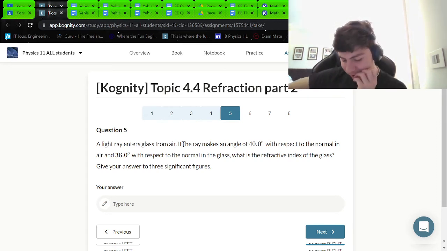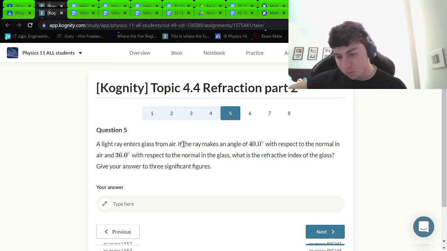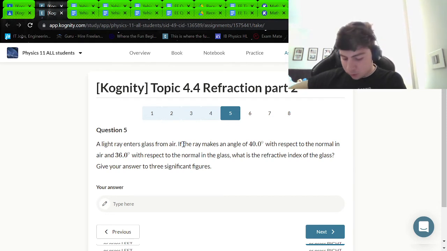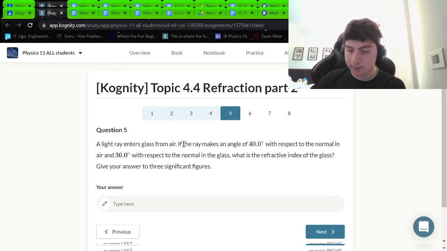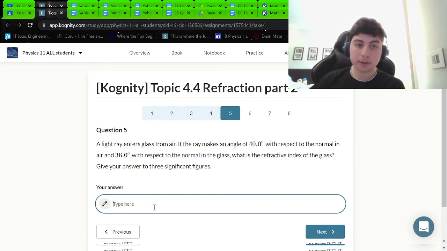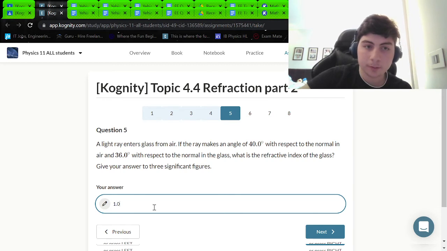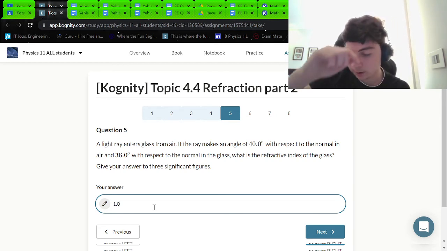Oh, I'm not sure, because it's 1 over N2. So what we can do is bring the N multiplied to this side and then divide. So it's 1 divided by this number right here. That should be our answer. So it's 1.09, which makes a lot more sense than 0.91.